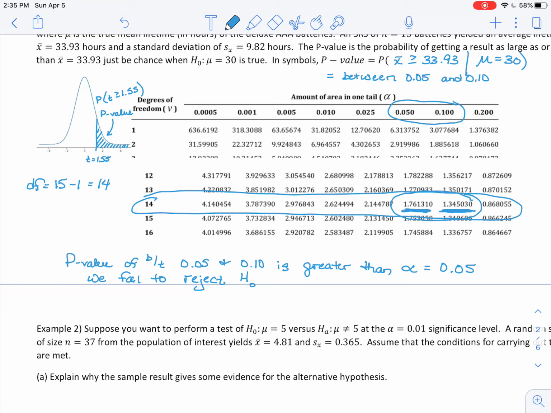You always make your decision first about the null because you're assuming it's true until proven otherwise, and we don't have convincing proof otherwise. So we're going to fail to reject the null hypothesis. We don't have convincing evidence that the mean lifetime is more than 30 hours. So that's what I'm going to put here.